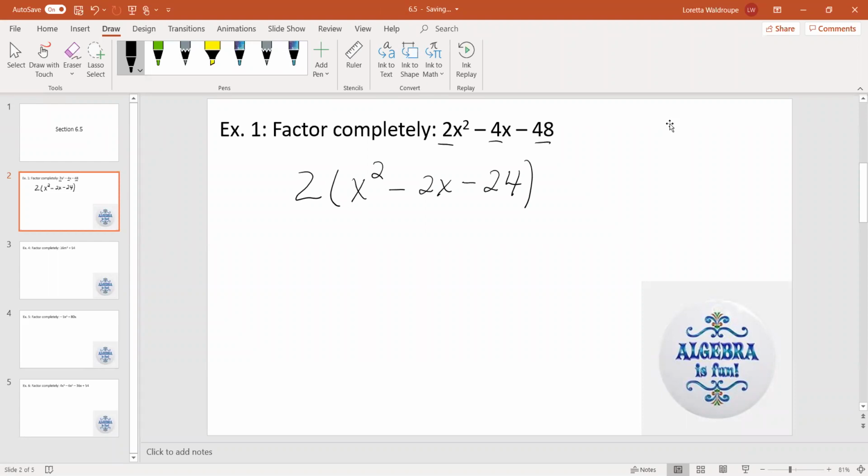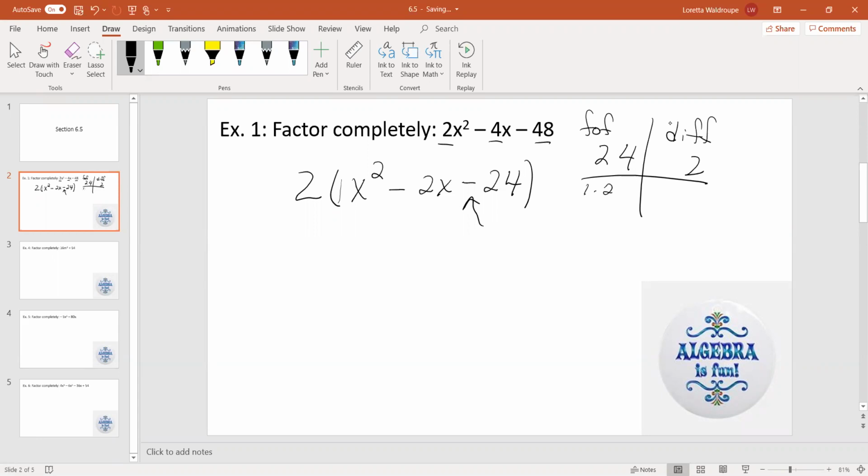Because the x squared has an understood 1, I go over here and I say, what are the factors of 24 whose difference, because this is a minus, equals -2. We'll deal with 2, and then we'll make it a negative in a minute.